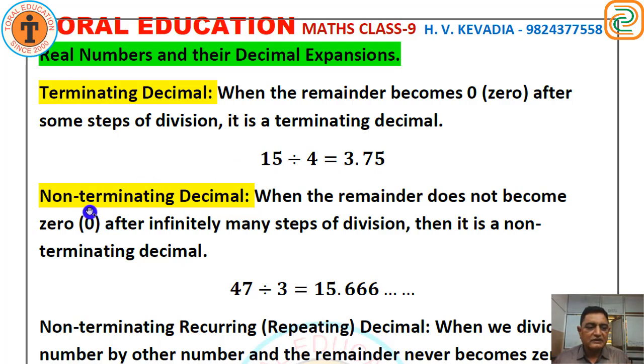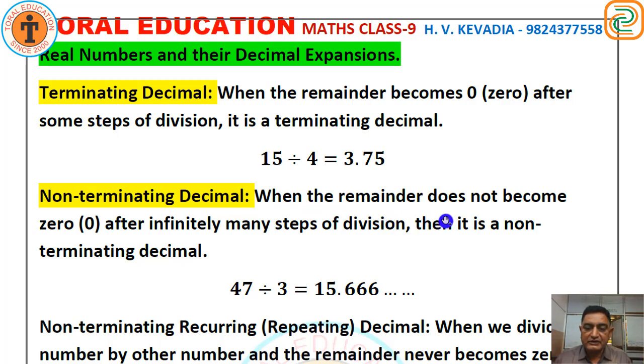Here, the second thing, non-terminating decimal. Non-terminating means which does not stop at all. A terminating decimal stops, but a non-terminating decimal does not stop. It remains continuous for longer and longer, for any number of steps.